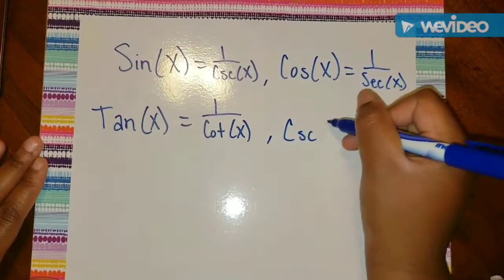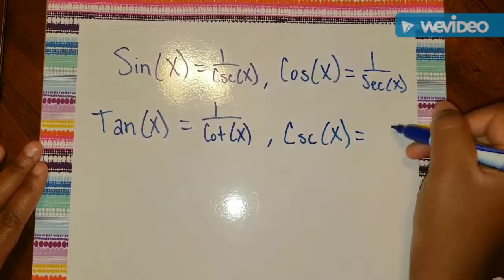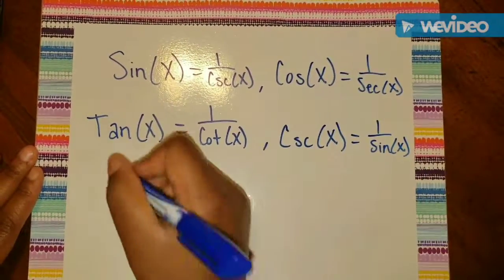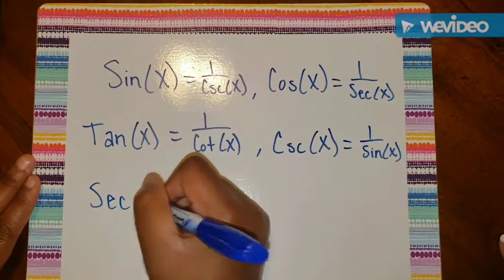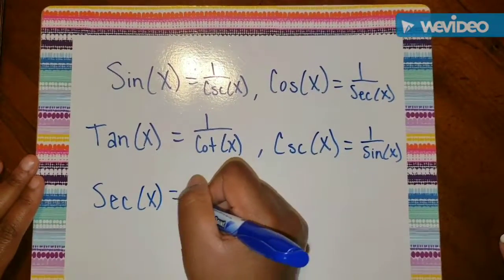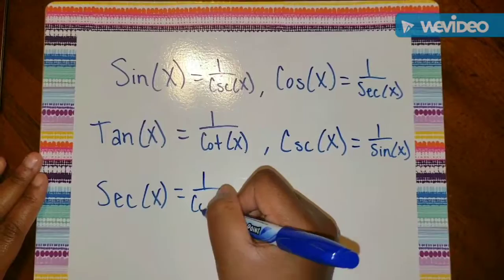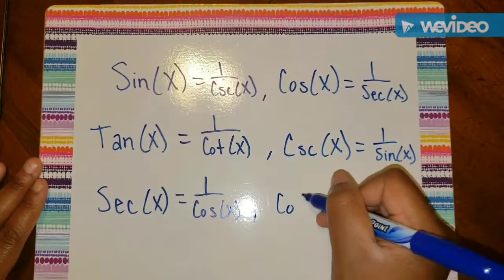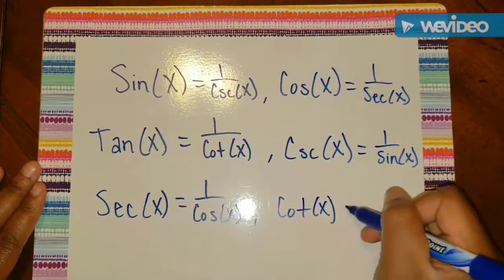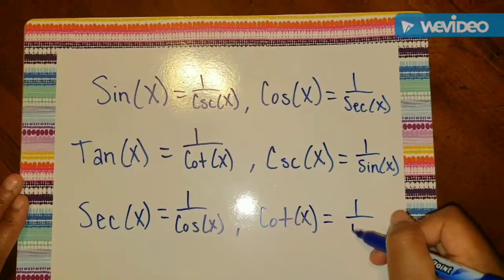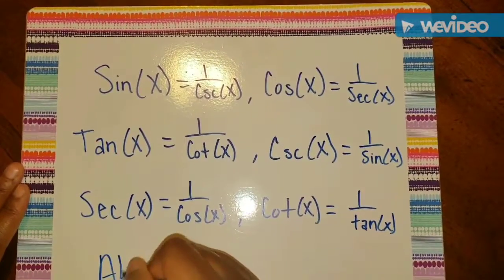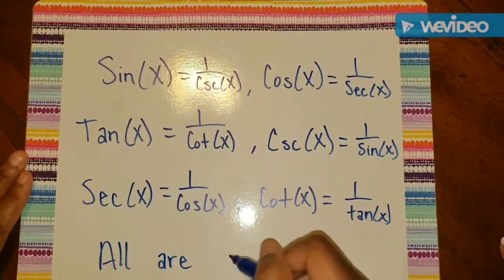Cosecant x is equivalent to 1 over the sine x. Secant x is equivalent to 1 over cosine x. And cotangent x is equivalent to 1 over tan x. So pretty much we can sum up that they all are flipped or opposites of each other.